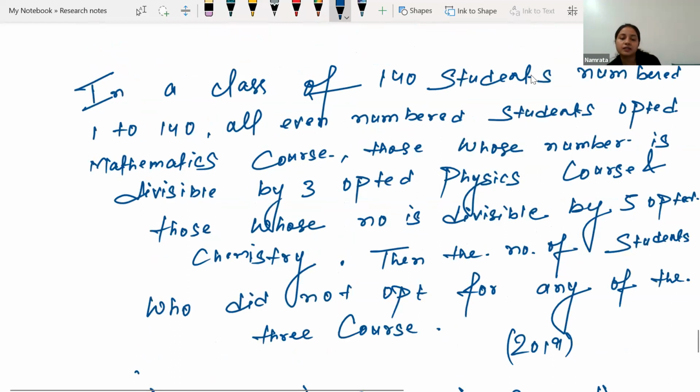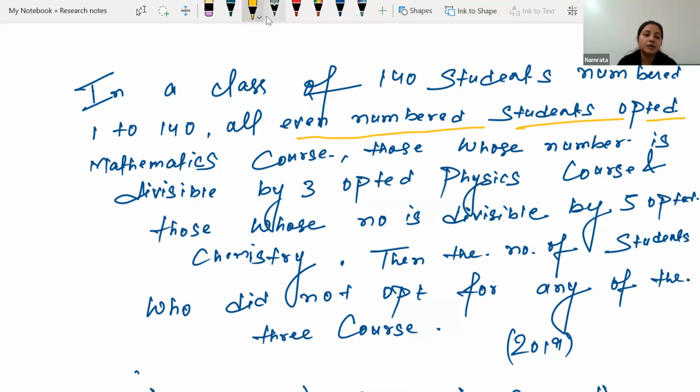Let's see what exactly the question is talking about. In a class of 140 students, how many students are there? 140 students are there, numbered 1 to 140. That means the roll numbers are 1, 2, 3, 4, 5, 6, just like that, up to 140. All the even numbered students opted for mathematics.